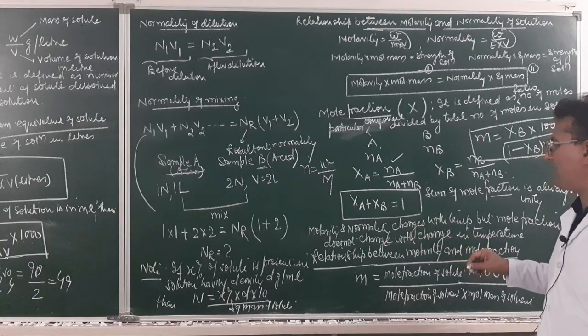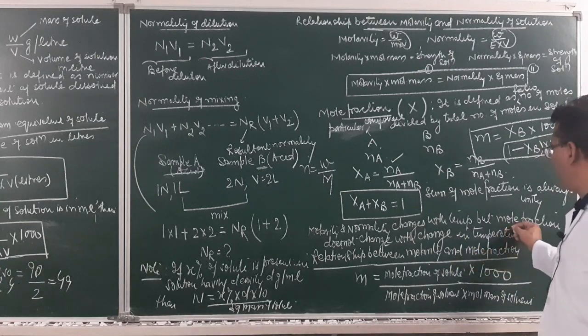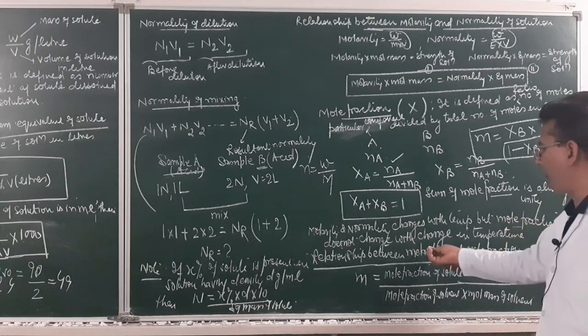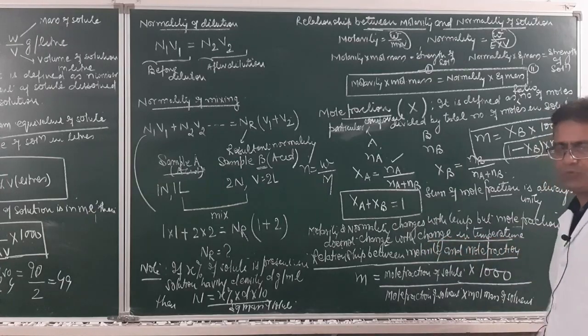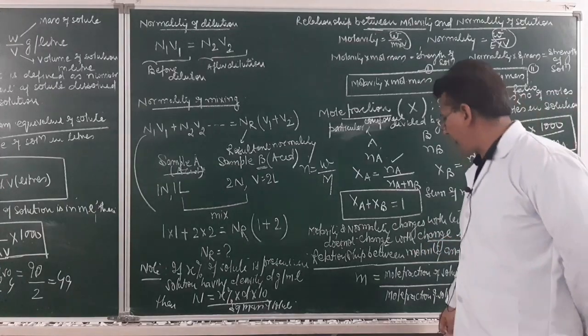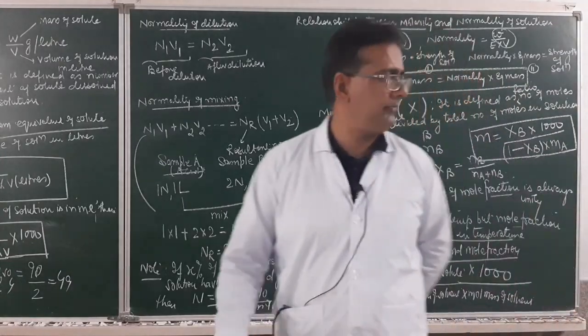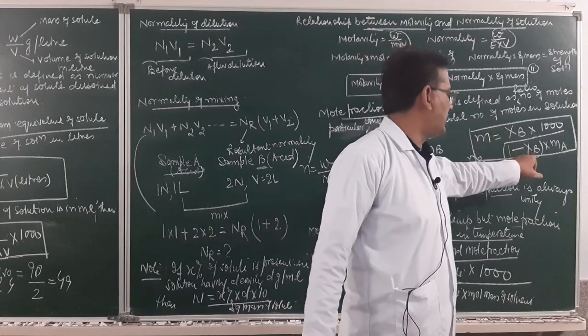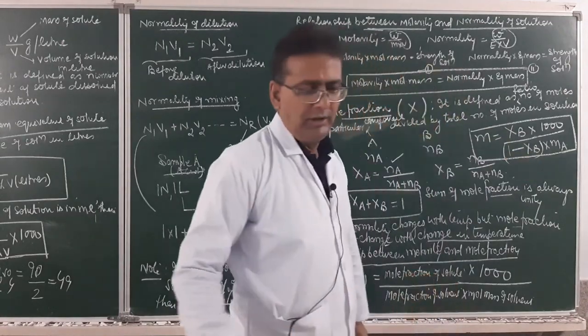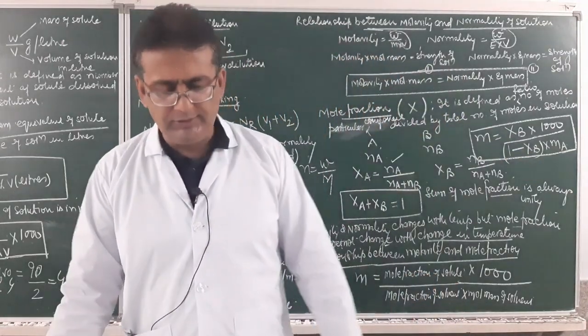Molarity and normality change with the change in temperature, but mole fraction does not. Am I clear? What is the relationship between molality and mole fraction? Molality will be equal to XB upon 1 minus XB into 1000 upon molecular mass of the solvent.